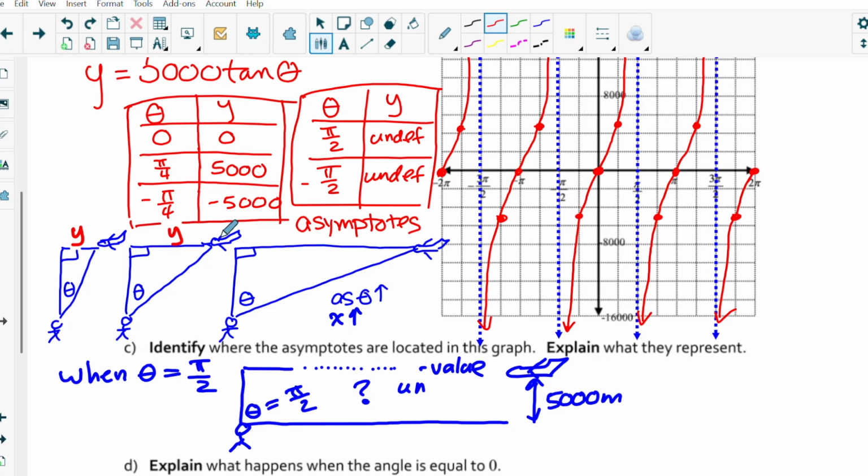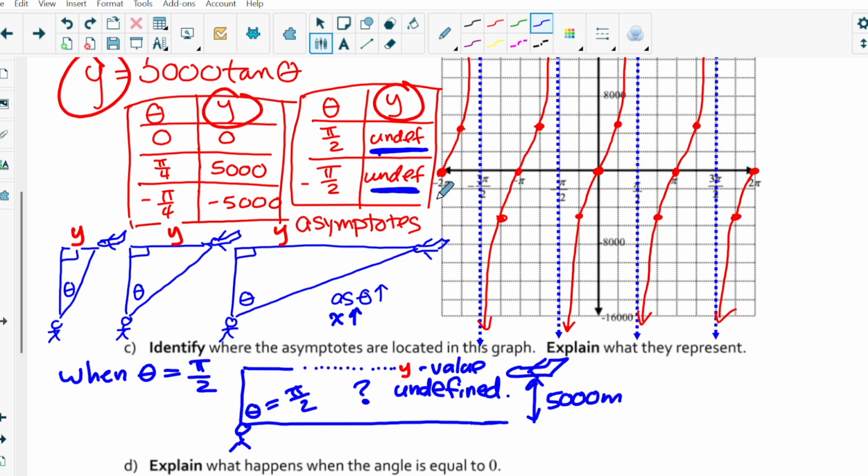So this is that y value, because that's what I called it here and here, and here. So this y value is undefined, and that's what we saw here and here.